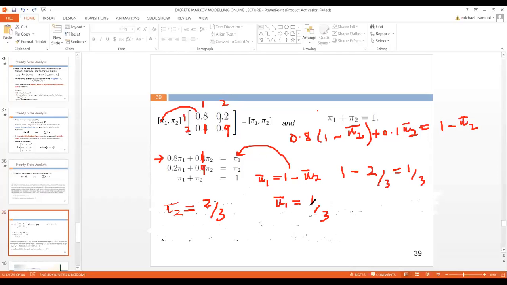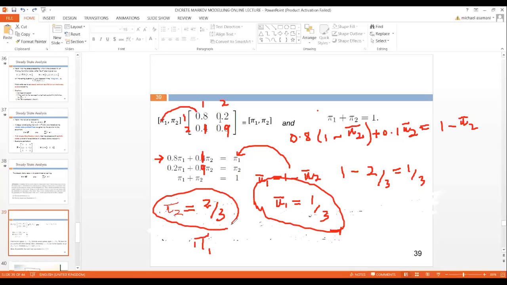Okay, so in the long run, in the steady state of that particular system, the system is going to be busy with a probability of 1/3 here. This is the busy state. And idle with a probability of 2/3.